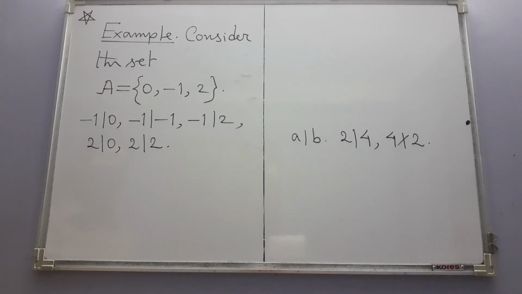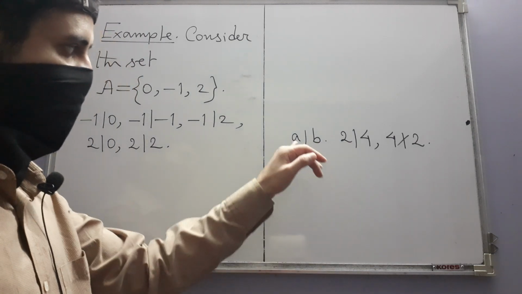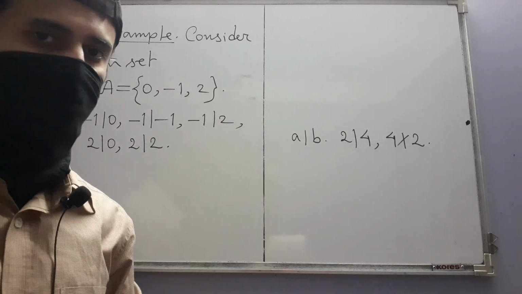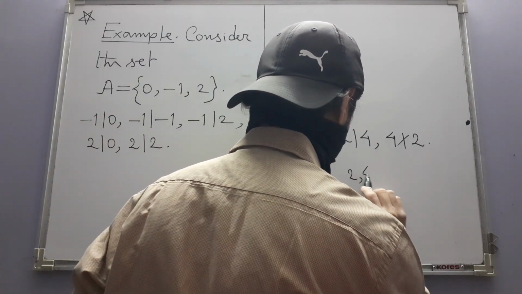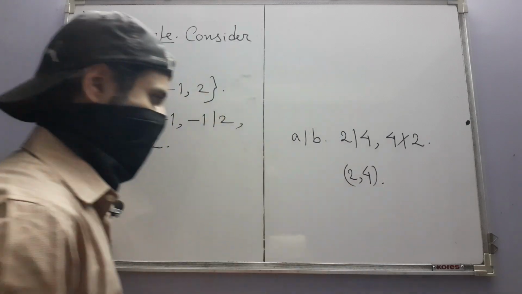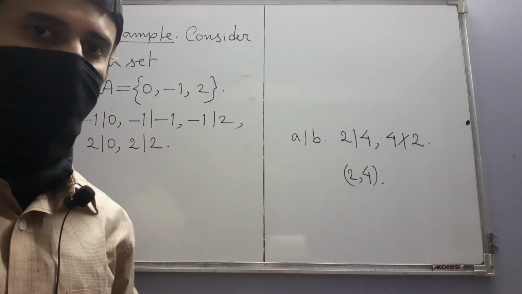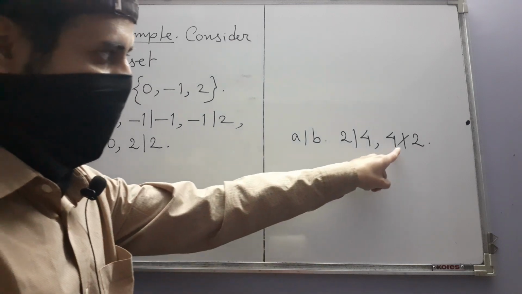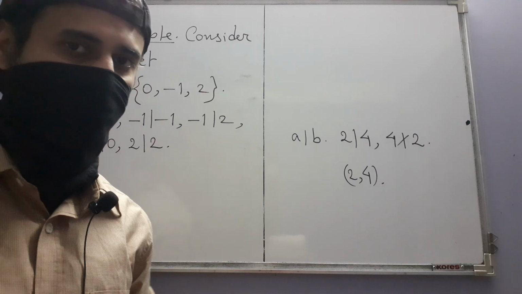Okay. Now, suppose we use a different notation to express the fact that 2 divides 4. Say I use an ordered pair, and by this ordered pair, I will understand that 2 divides 4. Absence of the pair (4, 2) means that 4 does not divide 2.